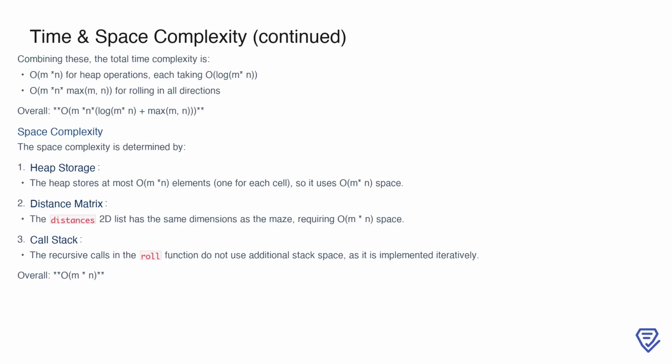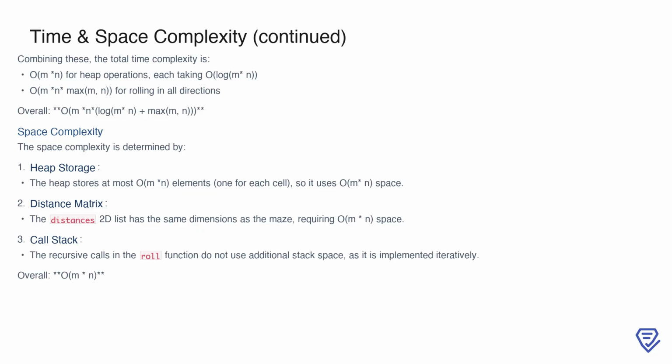The heap operations contribute m*n times log(m*n), which simplifies to m*n log(m*n). For rolling in all directions, we account for m*n cells, each requiring max(m, n) time, resulting in m*n*max(m, n). Adding these together, the overall time complexity becomes O(m*n log(m*n) + m*n*max(m, n)).